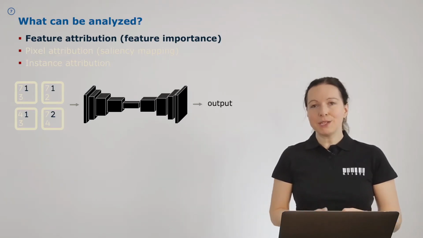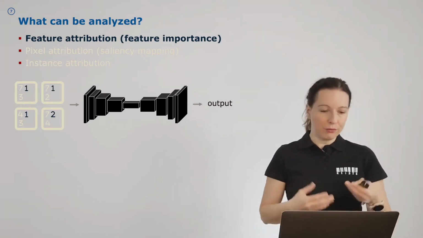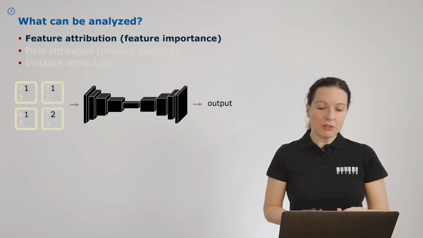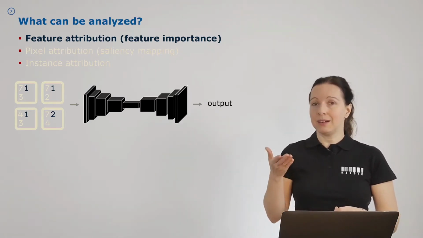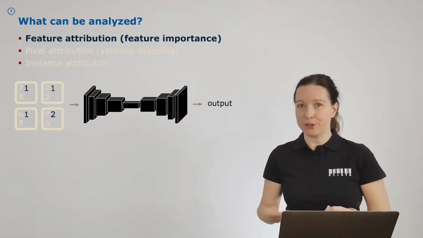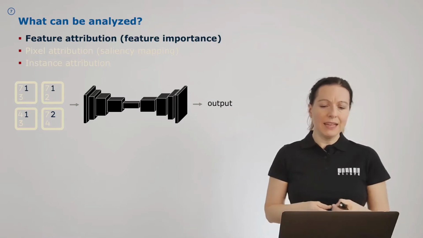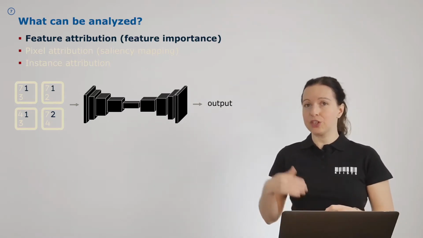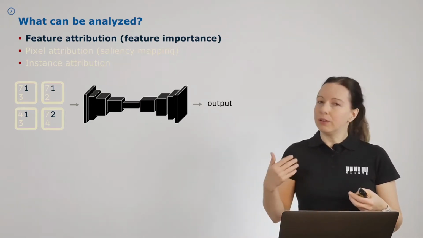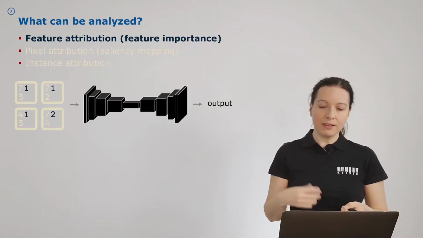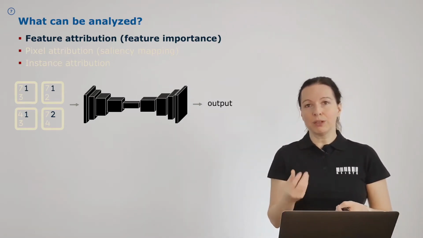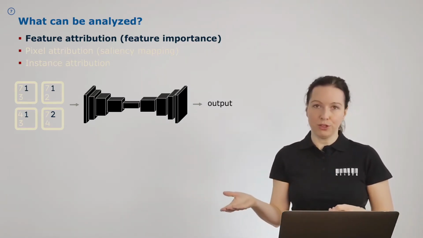As already mentioned, there are different types of attribution, and the first one I want to present here is feature attribution. Feature attribution, for example, looks at specific features like a specific type of measurement. And very often this is referred to as feature importance. It's called feature importance in case you assume that the change in the output when changing the input is related to the importance of the feature.